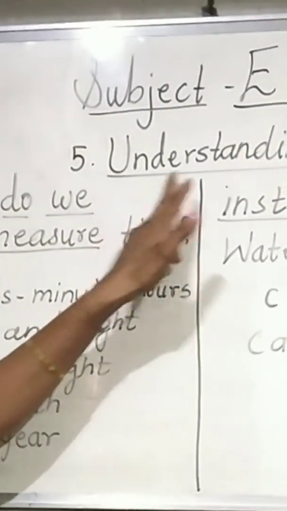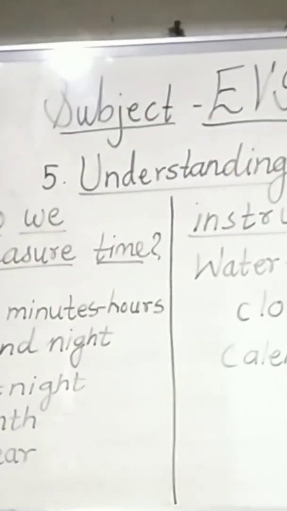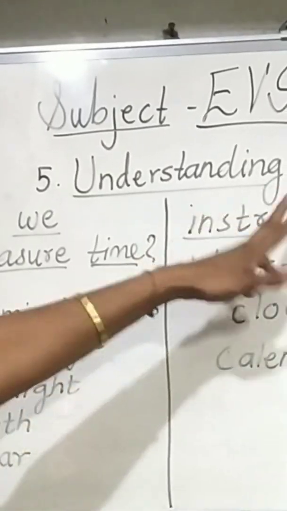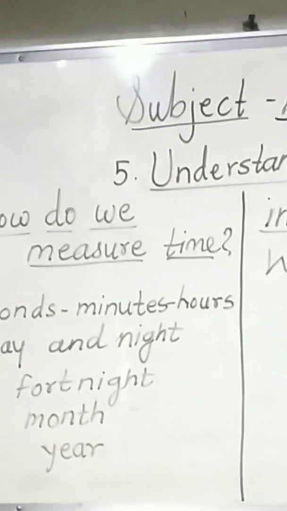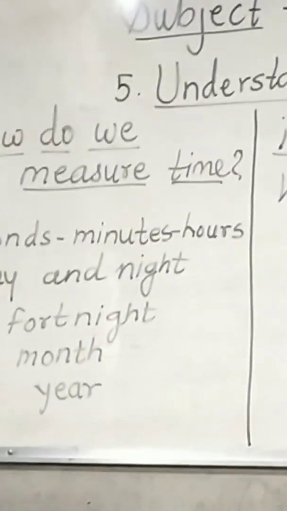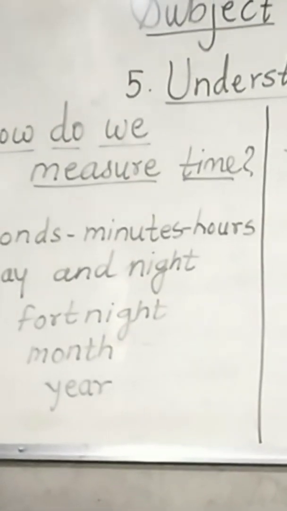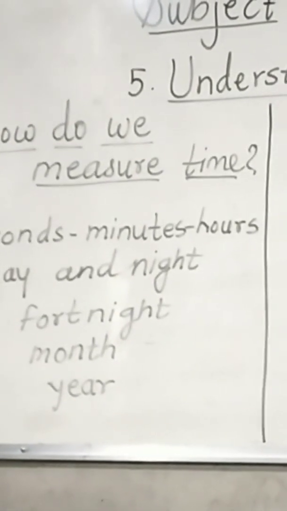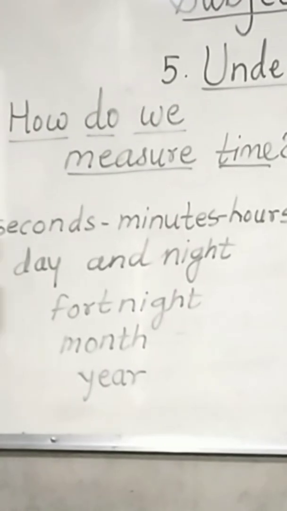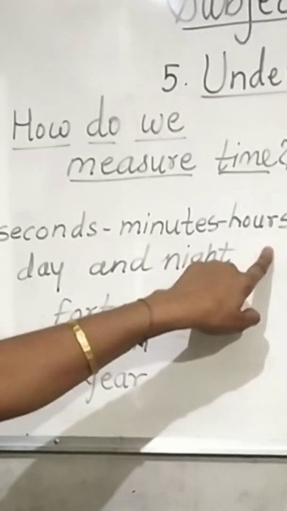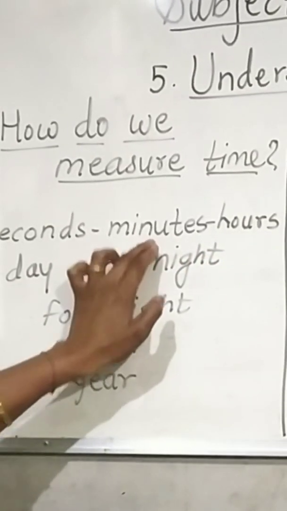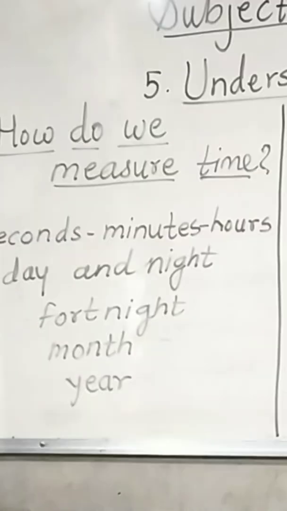Yesterday we saw what is meant by time and all about time. So today we are going to see the topic, how do we measure time? We measure time in seconds, minutes, hours. You know very well.